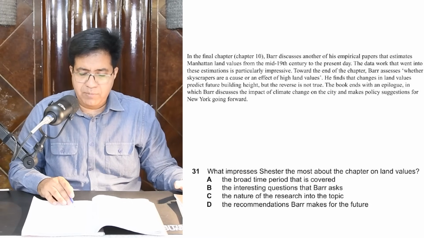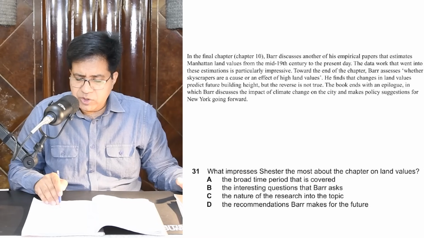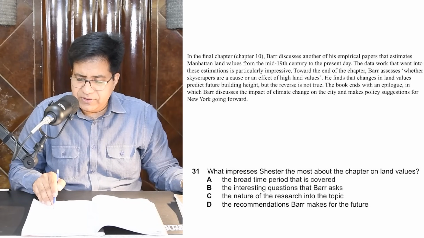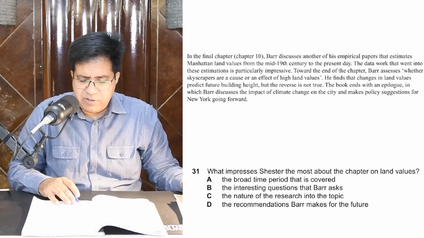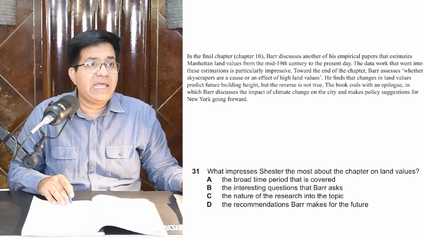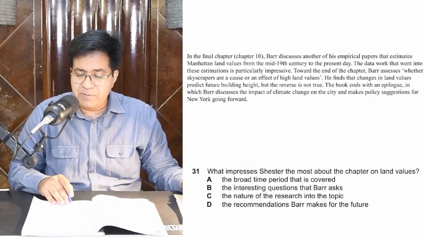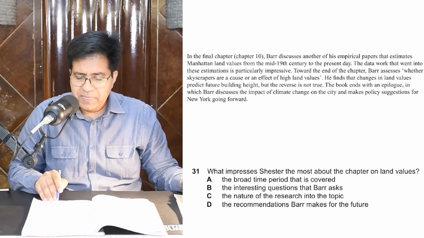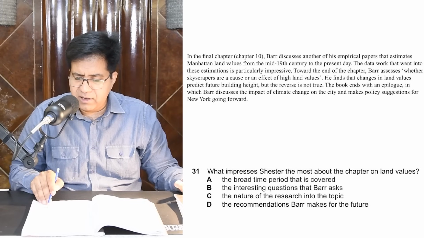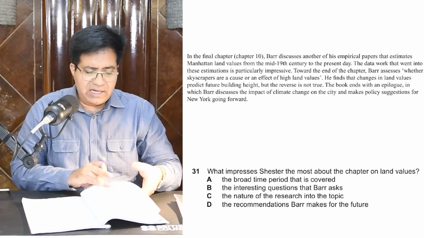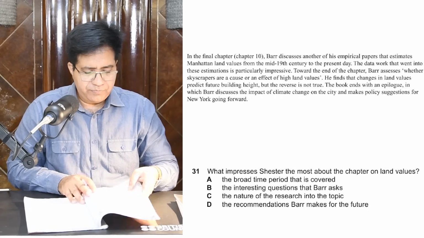Now, what impressed her more? In the 19th to the present day, the data work that went into these estimations is particularly impressive. Now, what is impressive? Data work. And towards the end of the chapter, Barr assesses and all that. Data work is actually good.